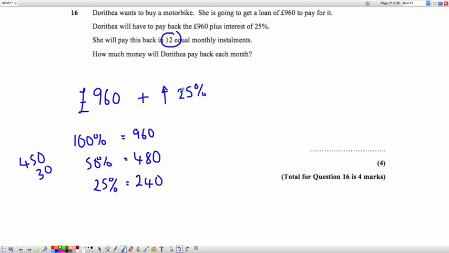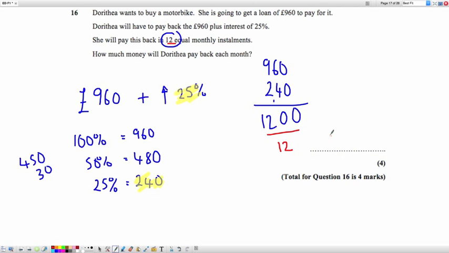So the increase here is £240. So to find the total that she's going to pay back, 960 plus 240, which is 1,200. Now she's going to pay for that over equal payments of 12. So we need to divide this by 12, which tells us that she'll be paying £100 per month for 12 months in order to pay back the loan for the motorbike.